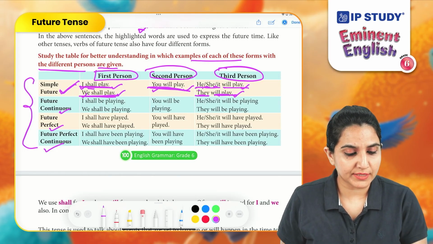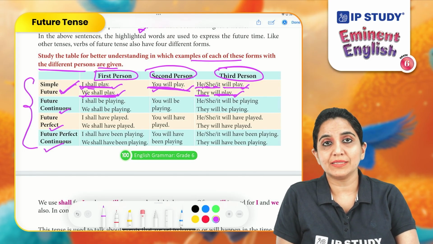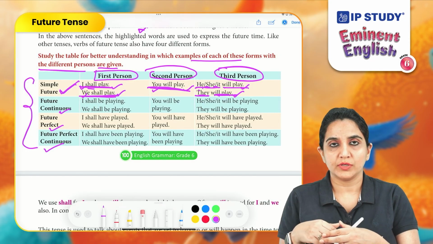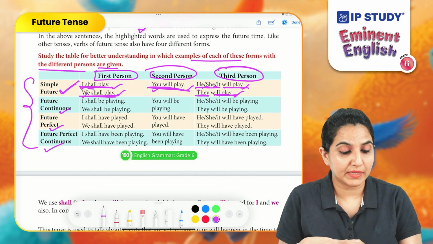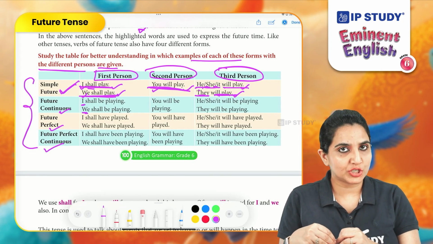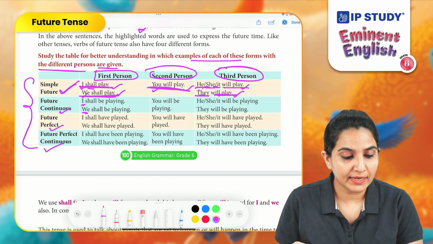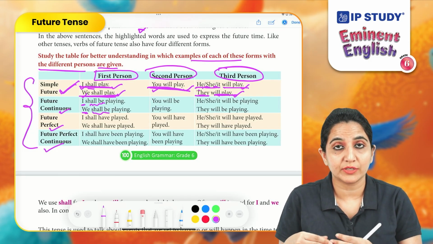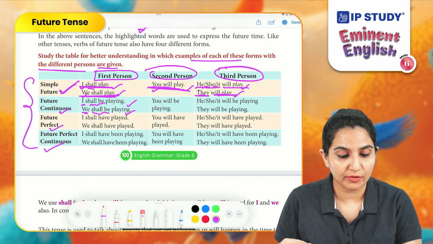For future continuous tense, that means the action that will be happening at some time in the future, with the first person I and we, we use shall. Along with shall, we will use be. Shall be. Because it is continuous tense, we will use the ing form of the verb.